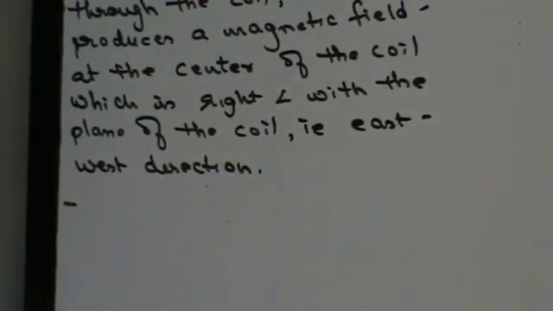Now let's assume that R is the radius of the coil and N is the number of turns of the coil.